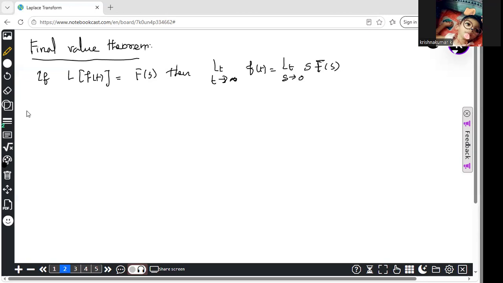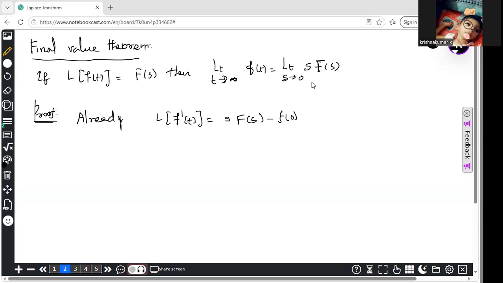Now look at this proof. Again I am going to use the result of the transform of a derivative. We already know that Laplace transform of f dash of t is equal to s into f of s minus f of 0.